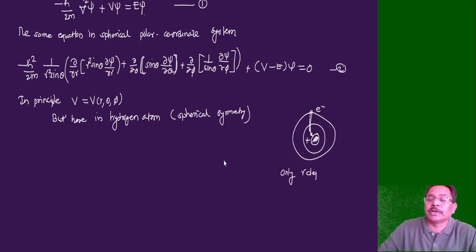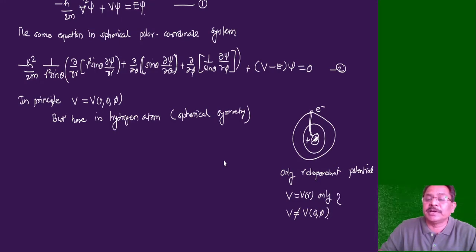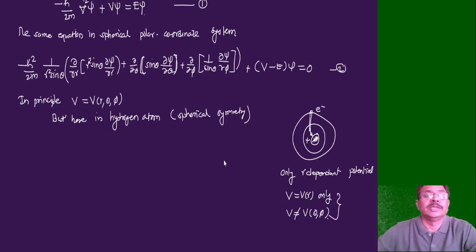This is the case of symmetry, or r dependent potential. That means V is a function of r only. Potential is not a function of theta and phi. This is called symmetry.